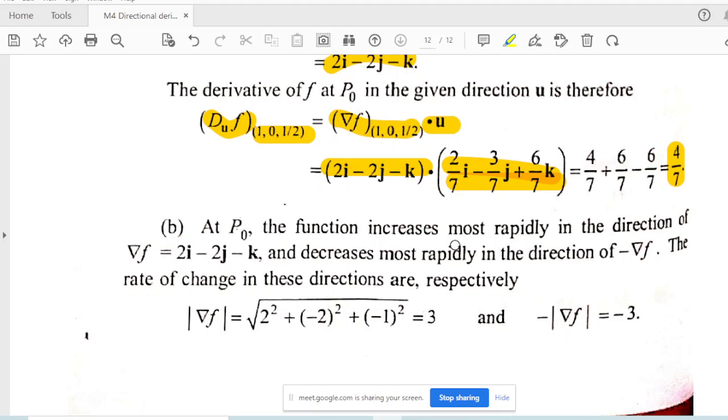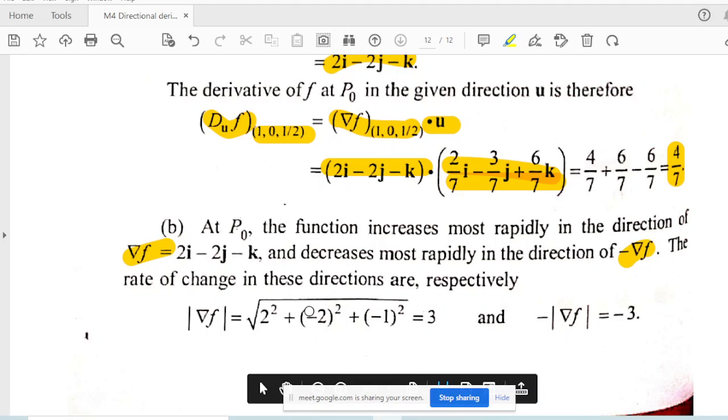So the rate of change in the directions are as follows. Remember these three things: a function increases most rapidly in the direction of grad f, decreases in the direction of minus grad f, and the rates of change in these directions are always the magnitude of grad f and minus the magnitude of grad f. So these two values we can find. If we find grad f and minus grad f, we can find their magnitudes too. So this will be your rate of change in these directions.